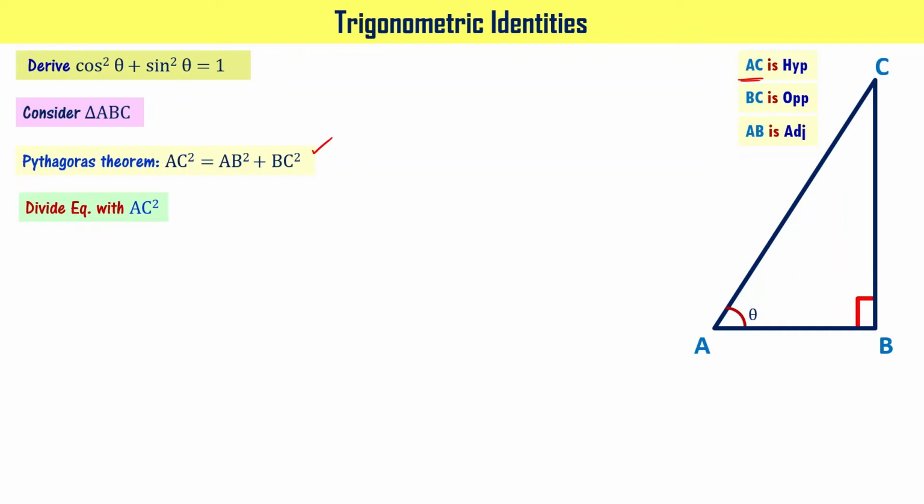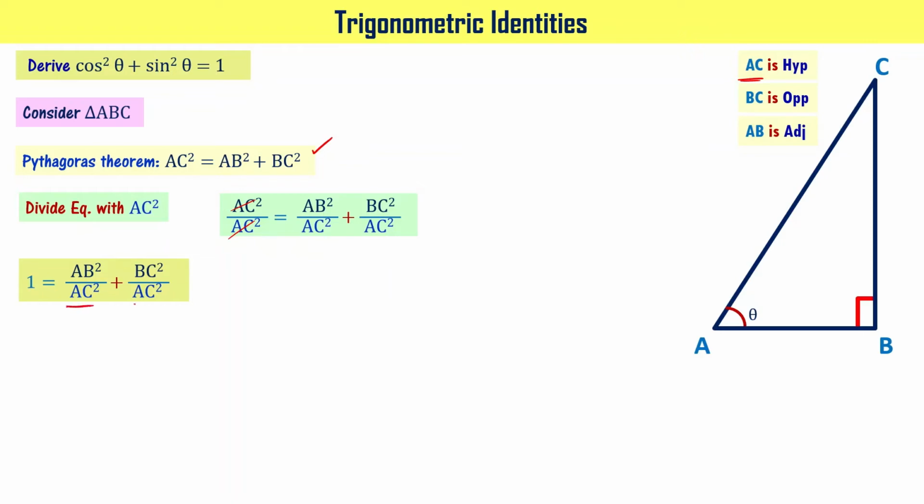When I divide, it can be written as AC square by AC square equal to AB square by AC square plus BC square by AC square, right? AC square I can cancel, such that I can write the equation as 1 equal to AB square by AC square plus BC square by AC square, right?